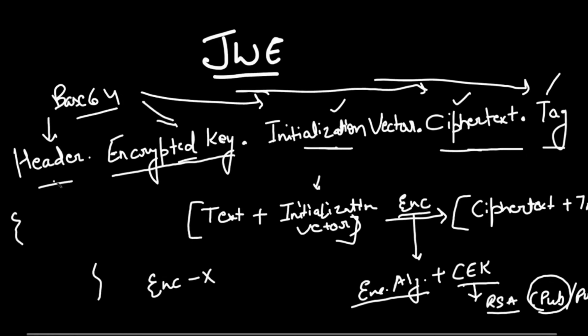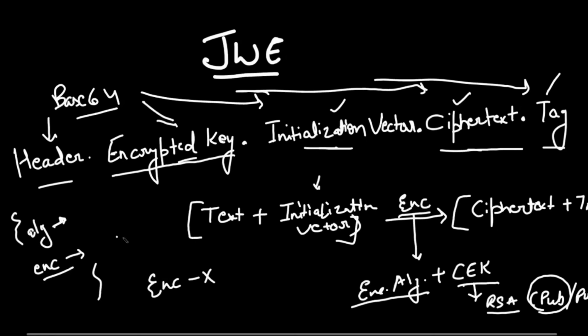As I mentioned earlier, this header contains the metadata about the whole payload, right? So there are two attributes to inform about these things. One is the algorithm, ALG, which is the content encryption key encryption algorithm, and one is the encryption algorithm, ENC. So this ENC will contain the algorithm that you use to encrypt the text to ciphertext.